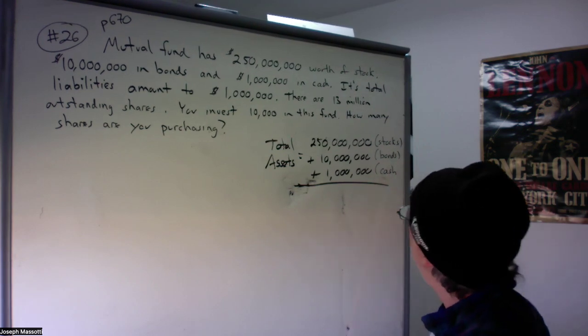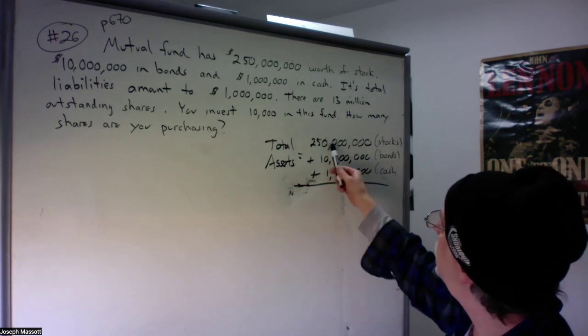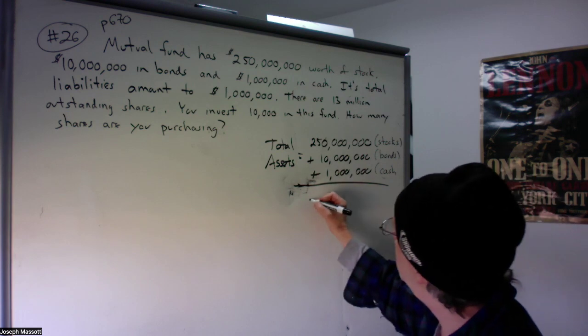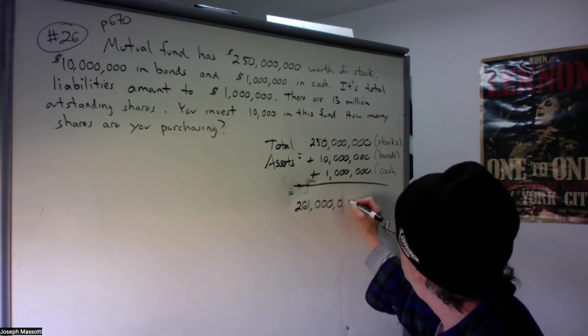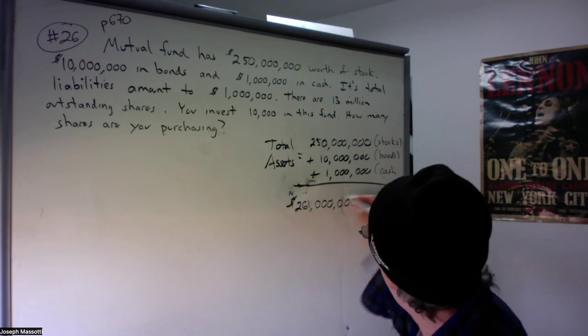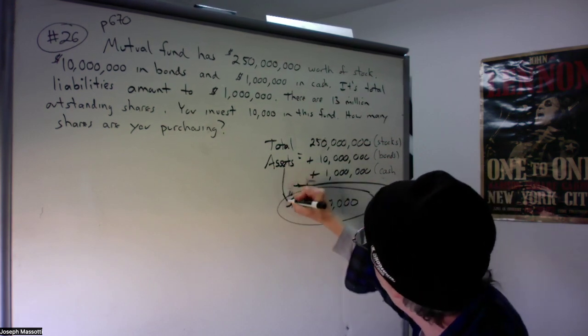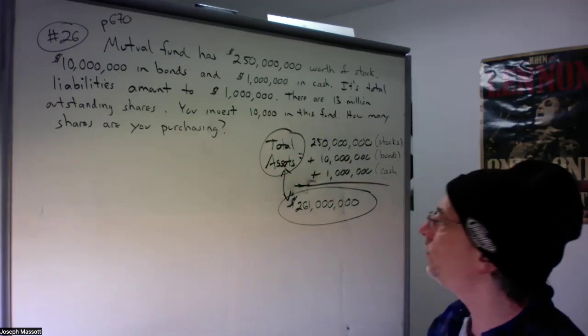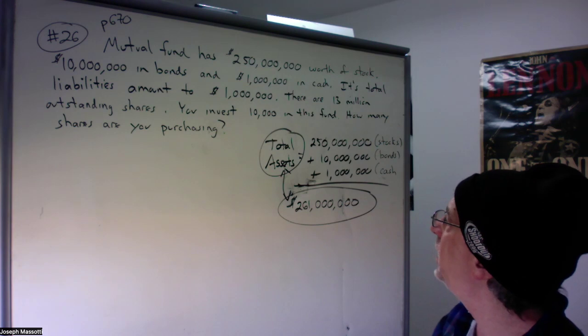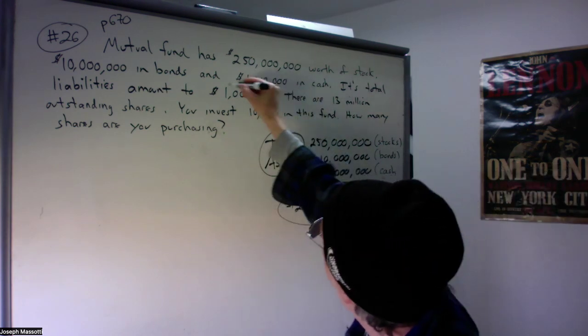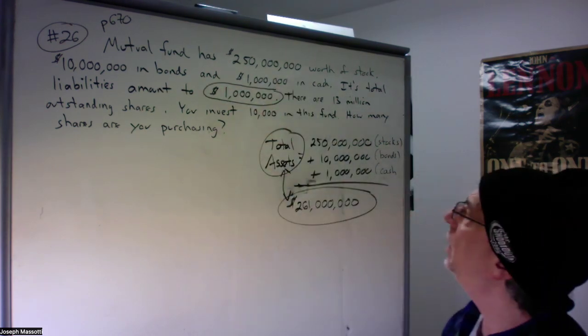These are all the assets. So we got 250, 260, $261 million in total assets. Okay, that's the total assets. All right, its liabilities amount to $1 million. So there's our total liabilities, 1 million.